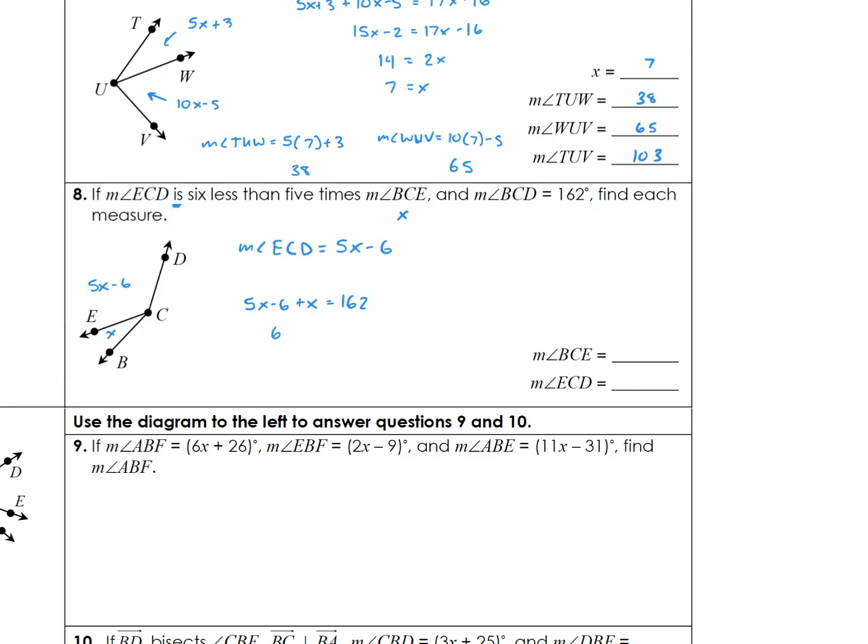So we got 6x minus 6 is equal to 162. 6x is equal to 168. And then x is equal to 28. When we plug in, because we want BCE, well, 28 for starters is BCE. And then when we plug in, we have 5 times 28 minus 6. And this is going to give us 134.